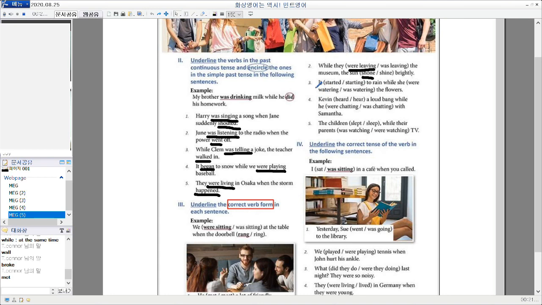So the past form of shine is shone. Three. It started to rain while she was watering the flowers. Watering. Okay.